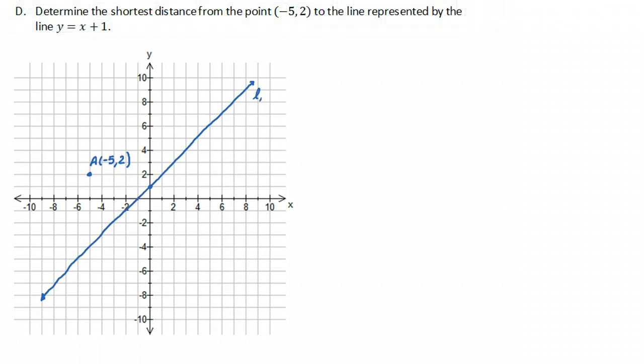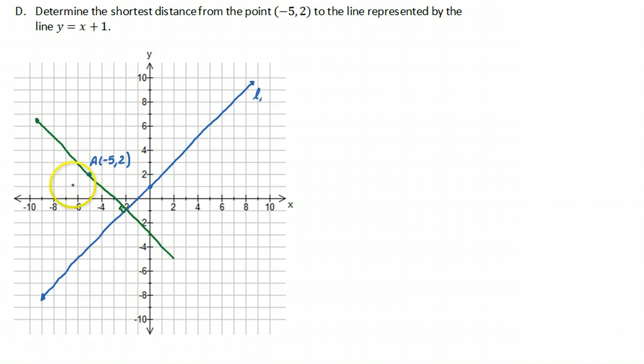So the underlying principle with this question is that when we're finding the shortest distance from a point to a line, what we essentially do is find the line that passes through the point and intersects our other line at 90 degrees. So this intersection is 90 degrees there.